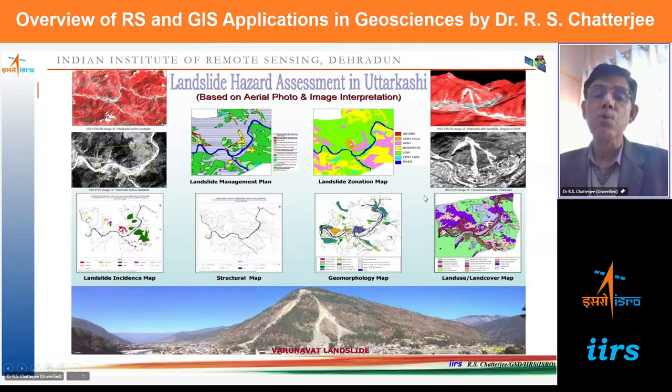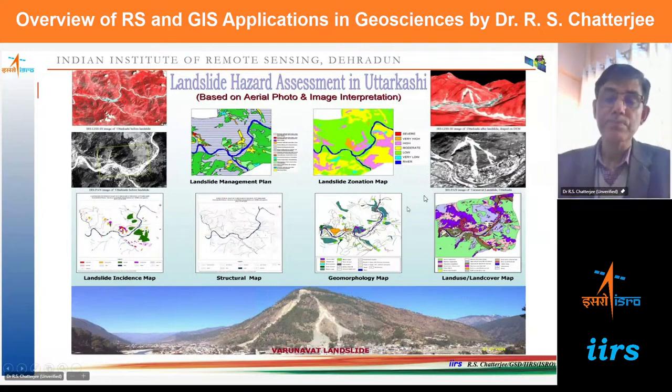Here in Uttarkashi, we showed that this is a very high hazard zone. And in the next year, 2001, the massive landslide happened. Again, we studied with very high resolution airborne images of 1 meter or less than a meter resolution, and we prepared more large scale hazard zonation and the management practices to be adopted.